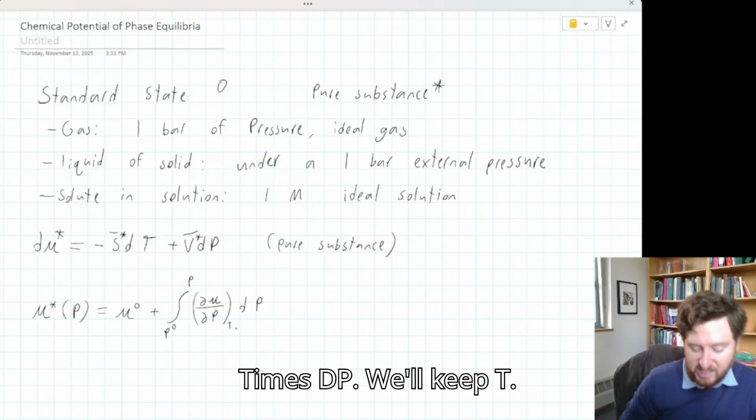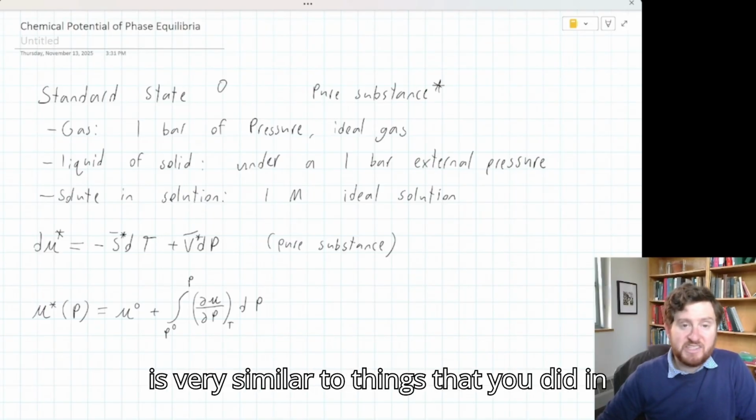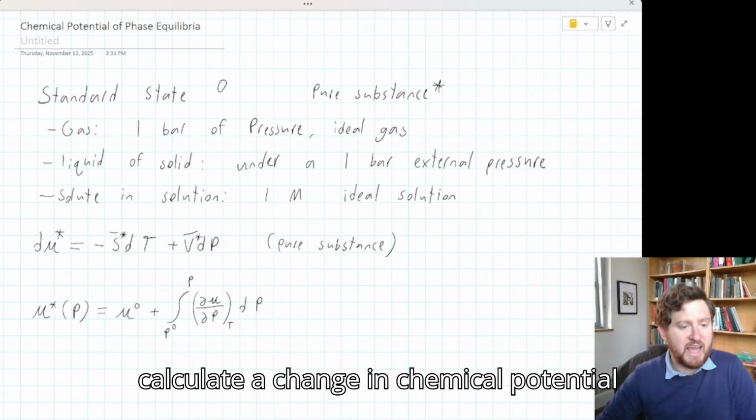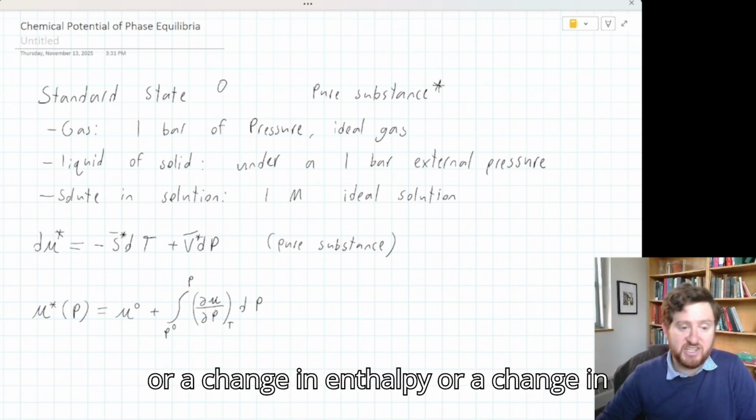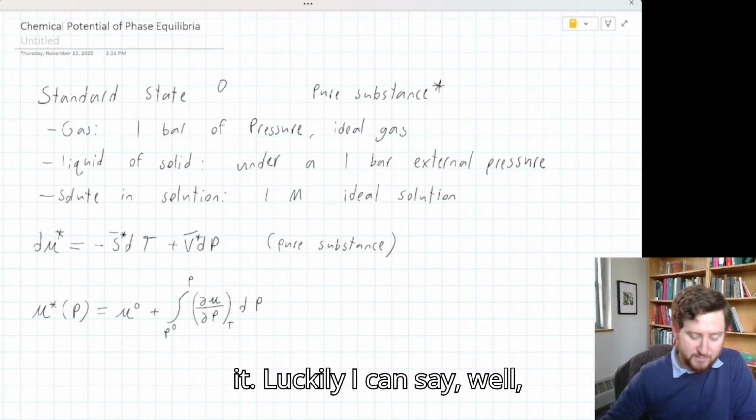We'll keep T constant over that process. This is very similar to things that you did in Learning Targets 2.3, 2.4, 2.5, where we can calculate a change in chemical potential or a change in enthalpy or a change in energy by taking a derivative and integrating it.